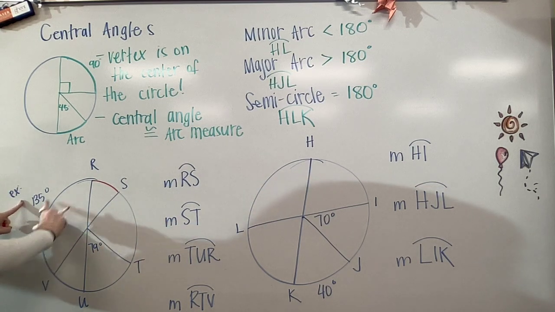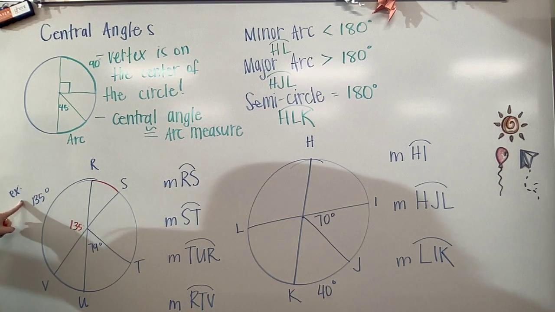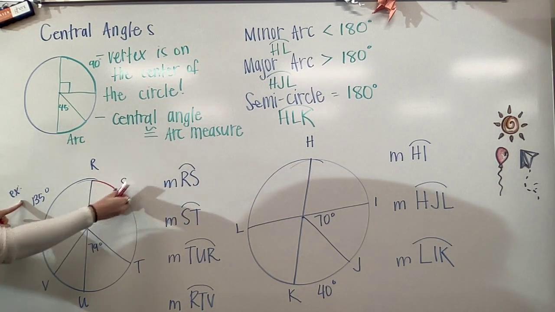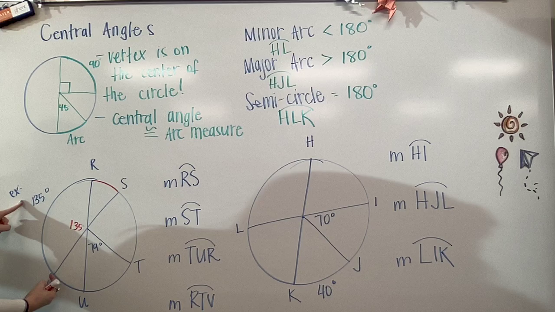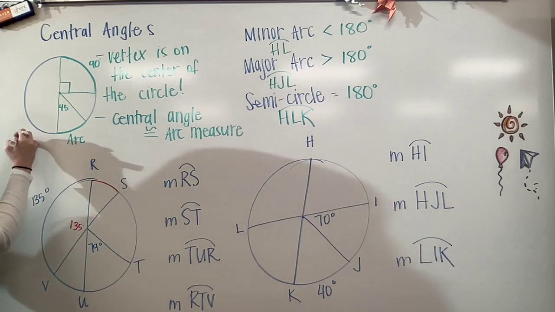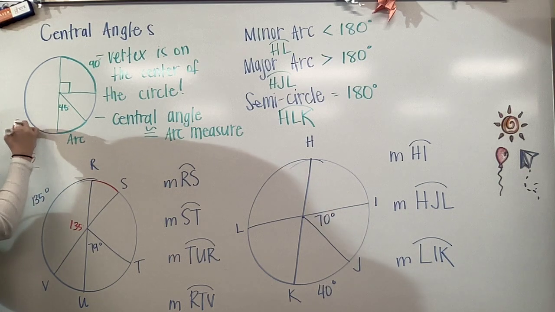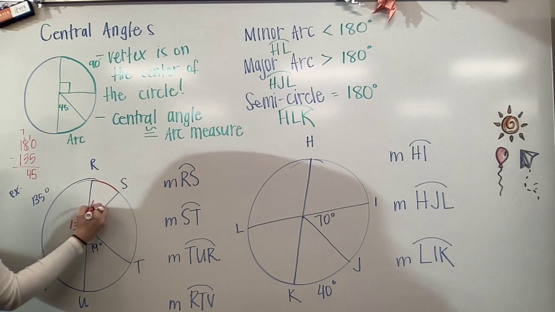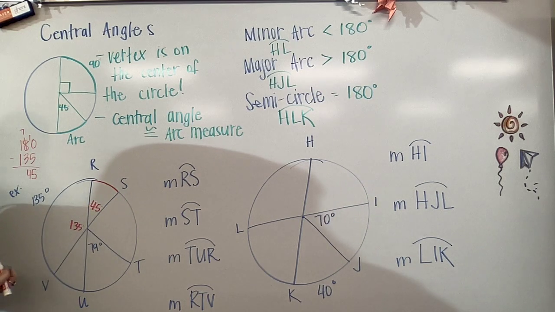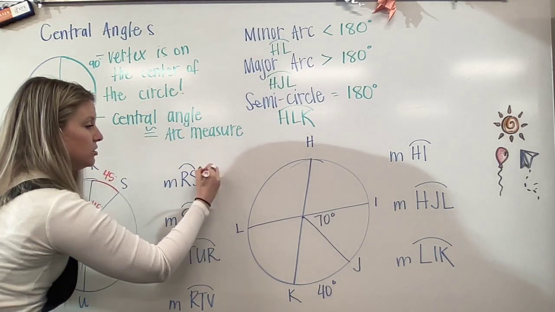If this arc is 135, that means this angle measures 135. And here we have a diameter which creates a semicircle. So this diameter is going to give me 180 degrees, so I need to know what's left. So I'm going to take 180 minus 135. And that's telling me that this angle here is 45 degrees. So this arc is also 45 degrees.